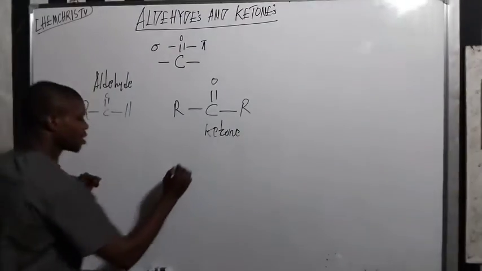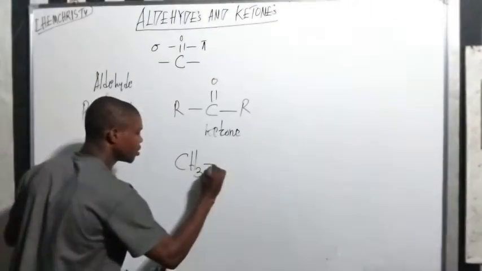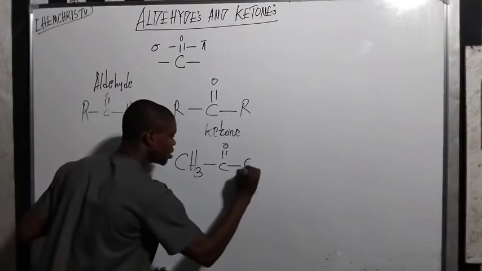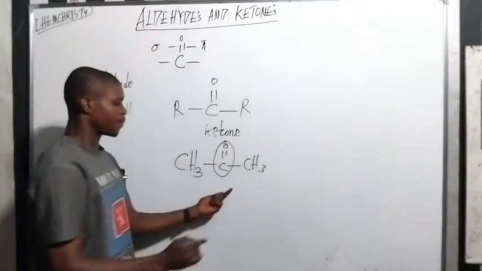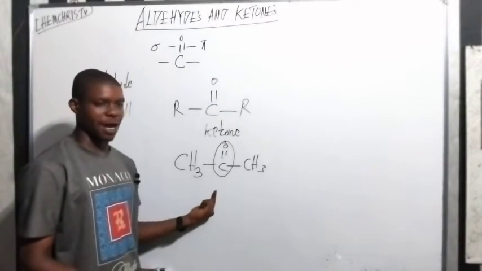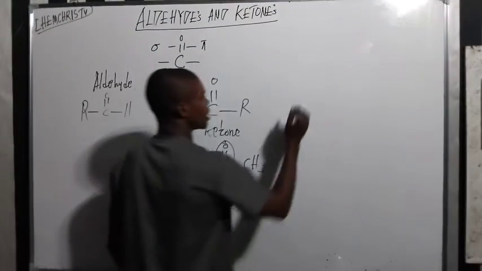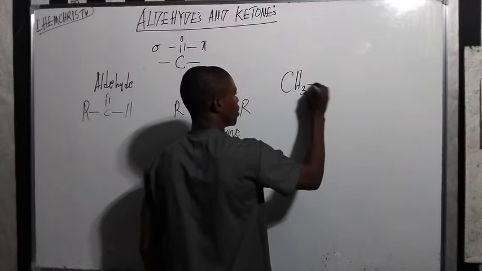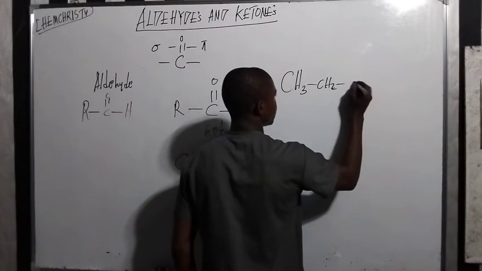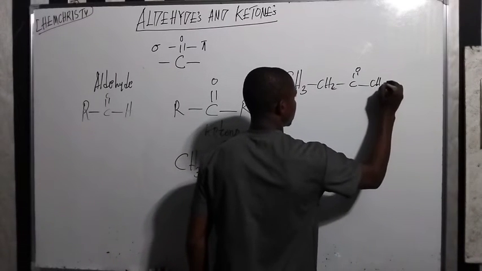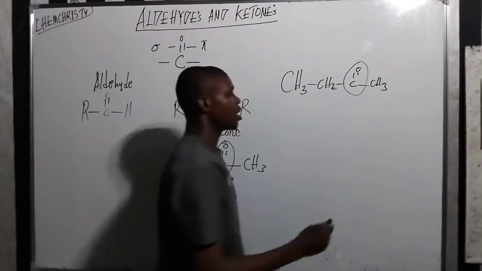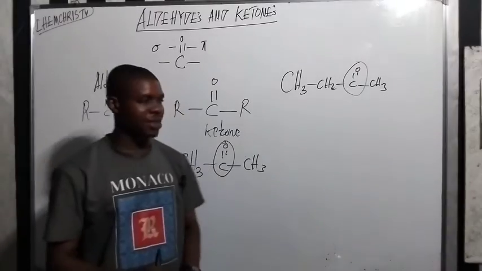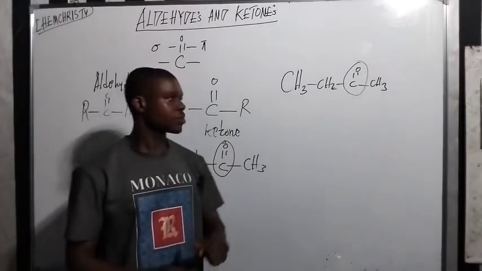A good example is CH3 C CH3. You can see that this carbonyl functional group has two methyl groups, right? Now if you have another thing like CH3 CH2 C, as long as this carbonyl does not have any hydrogen attached to it, it is a ketone.